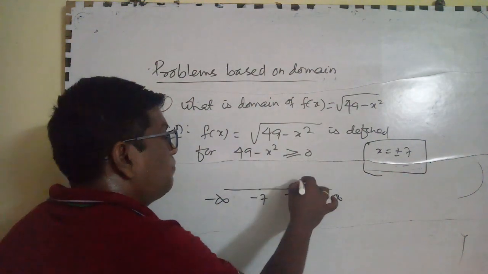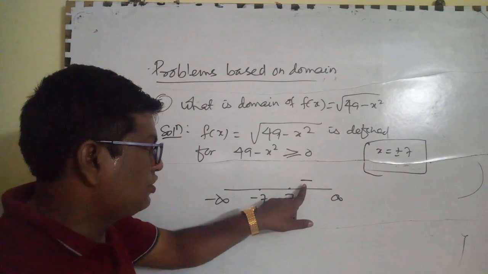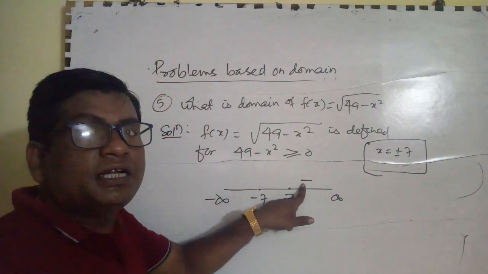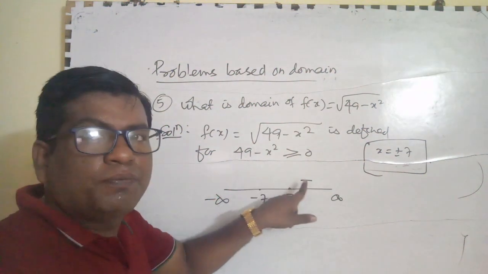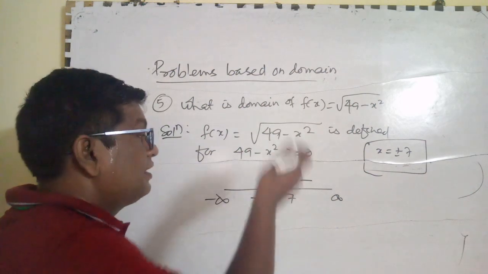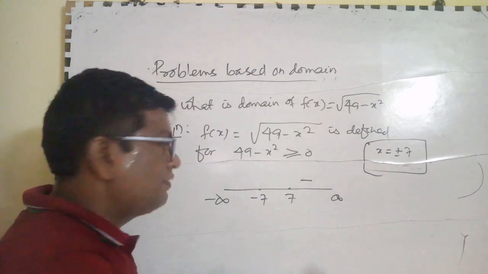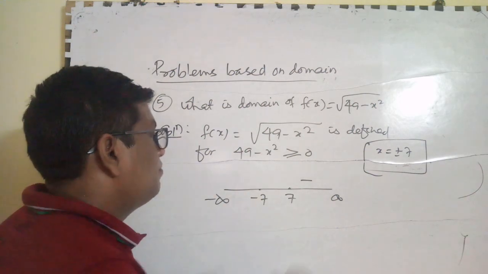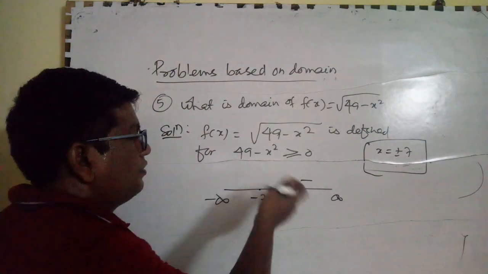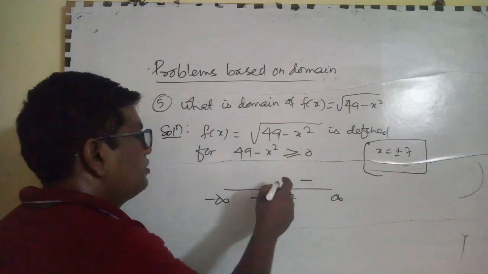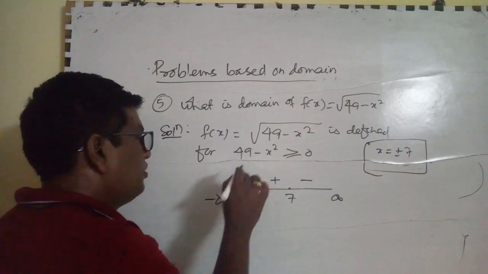The sign rule is to put minus because the coefficient of x square is negative, so put a negative sign at the right side of 7, then come to the left side: minus, then plus, alternately.